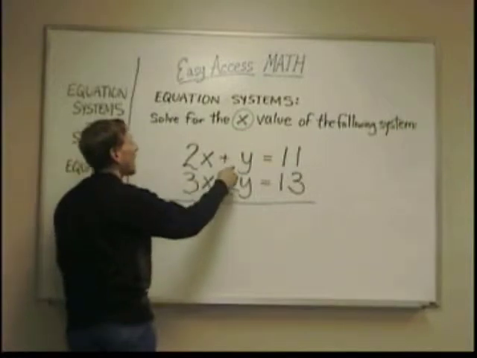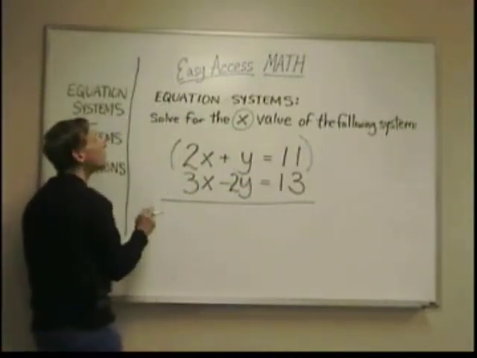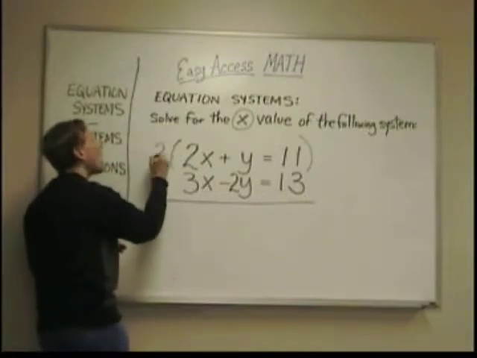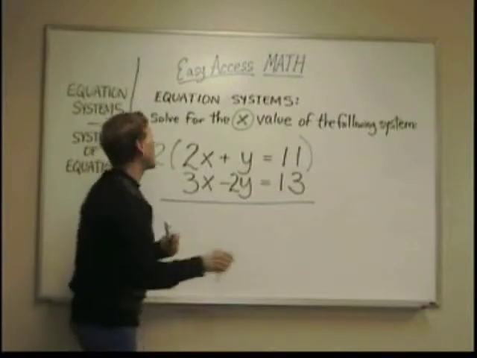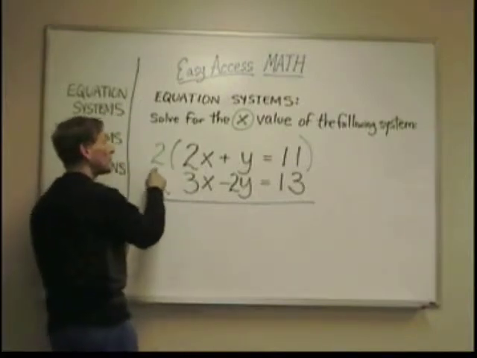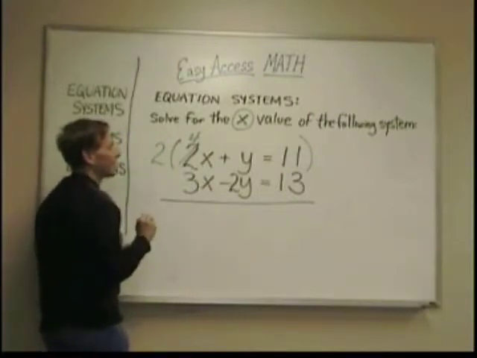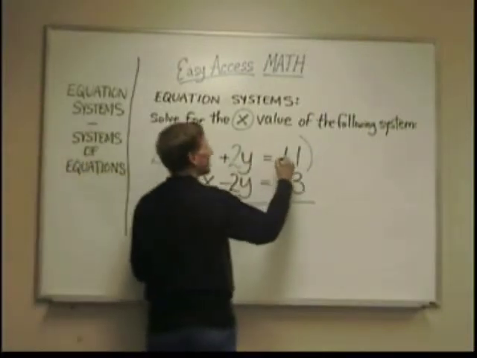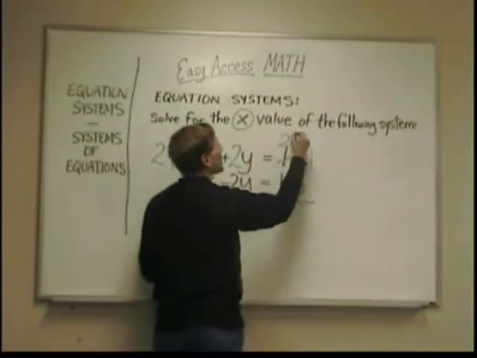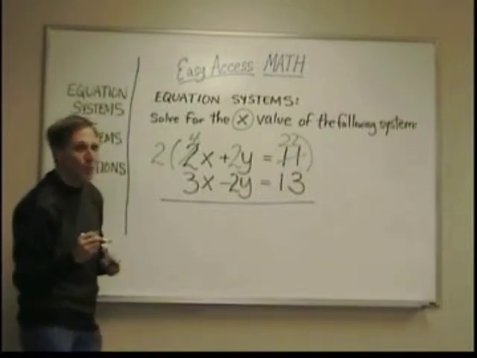And I do that, remember that was a 1, by multiplying the entire line by the number I need to make it equal. And that, in this case, would be 2. So this becomes 4x, this becomes the 2y, and the 11 now becomes 11 times the 2, which is 22.